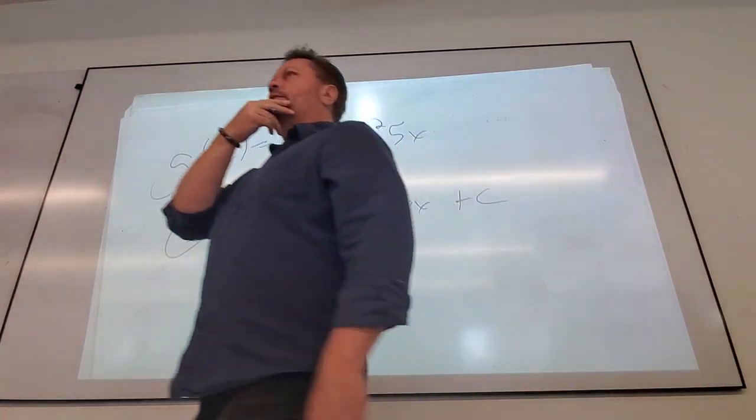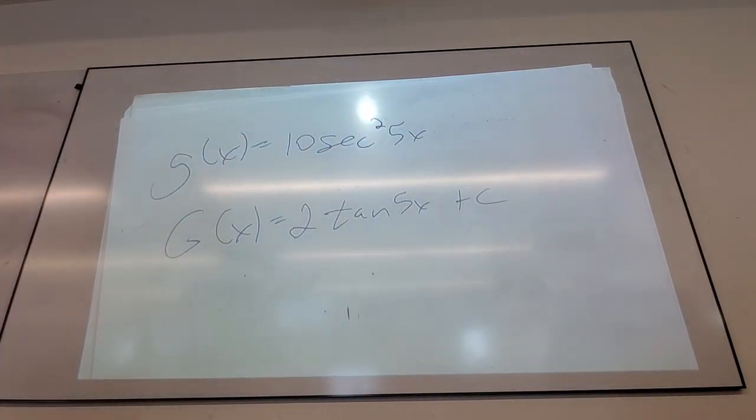You see that? When the inside is linear, I do not need u-sub. There's no reason for it, because all I'm going to be missing is a constant. The constant's all I have to juggle, and constants do what we want them to.